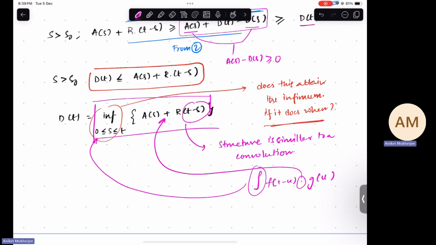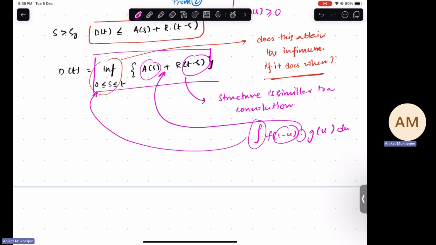So there are similarities between the convolution that we know and the equation that we have got here. But the only change is the integration is replaced by a minimum or an infimum, which we have to see later whether it attains or not. The multiplication is replaced by an addition, right? These are the two major changes.